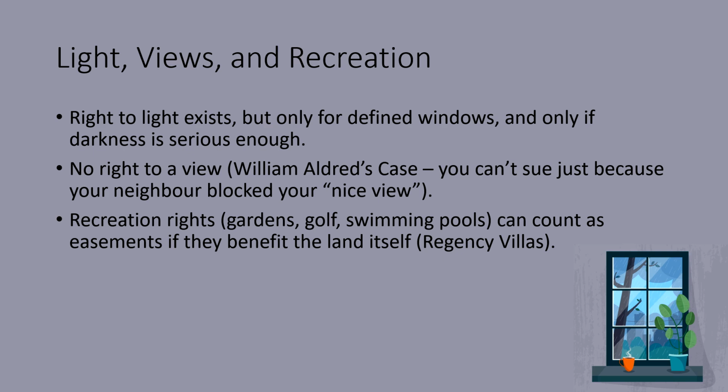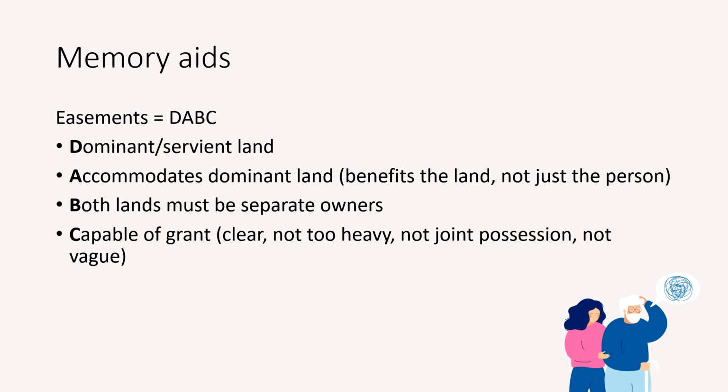This can count as an easement, but again only if it does benefit the land itself, it increases the value of the land, and it's something that any kind of later owners who might take over the land might also reasonably think is useful and valuable to have. So no really eccentric personal favours would be protected as easements.